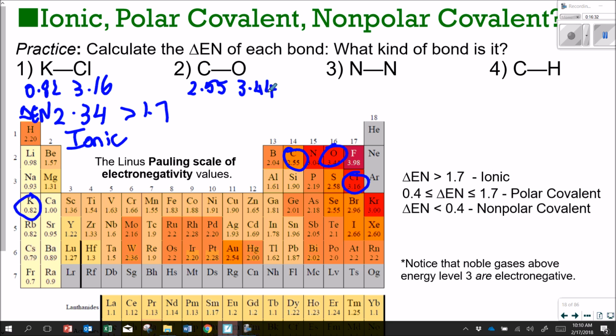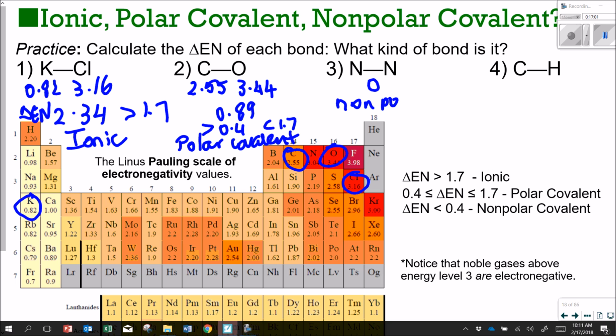I subtract the two and I get 0.89. This is greater than 0.4, but smaller than 1.7, so I have a polar covalent bond. Two nitrogens, obviously the difference will be 0 because they have the same electronegativity, so we have a non-polar covalent bond.